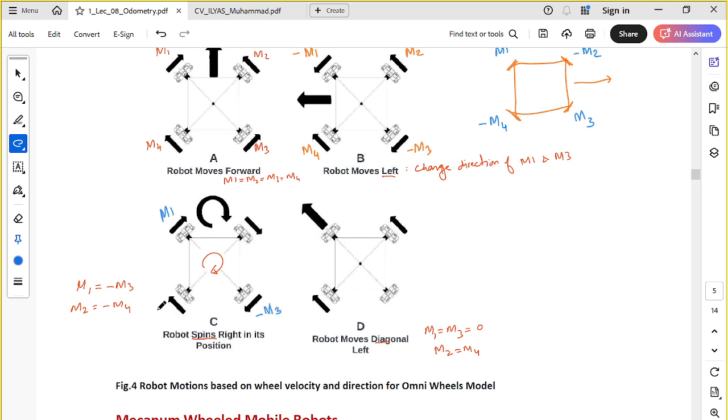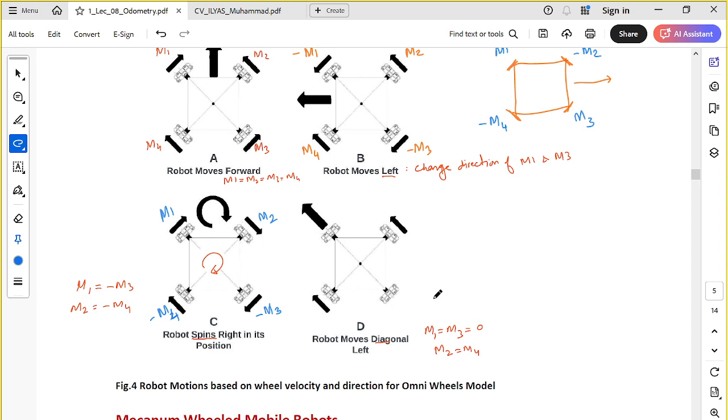Similarly, M4 will be the same. We can achieve clockwise or anti-clockwise rotation depending on changing the direction of the diagonal motors.